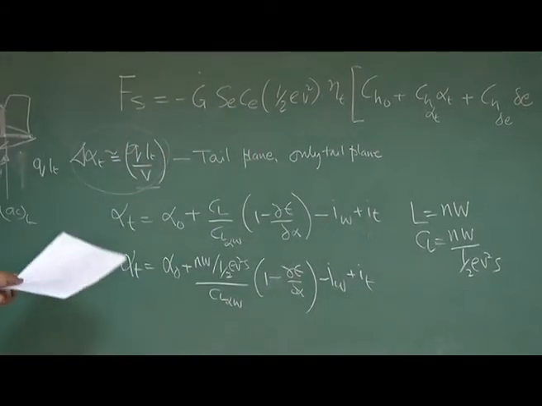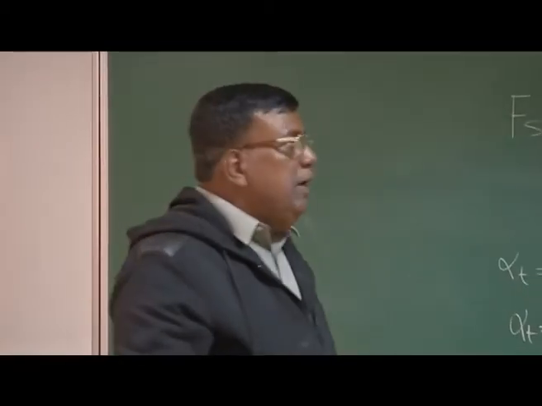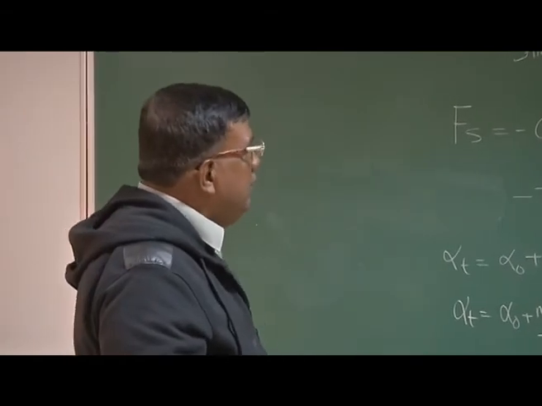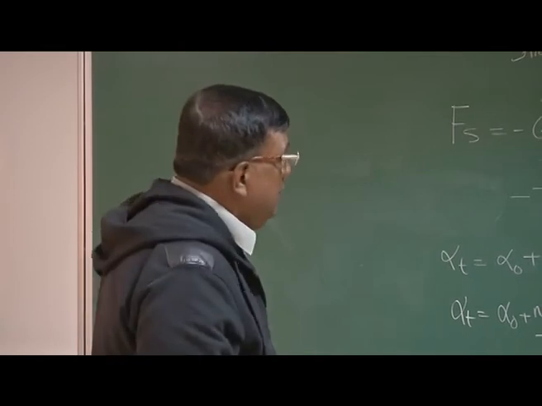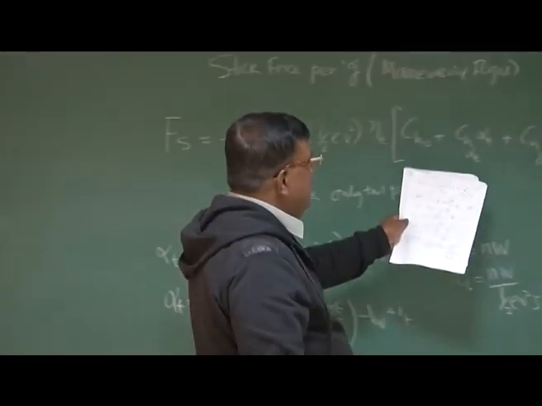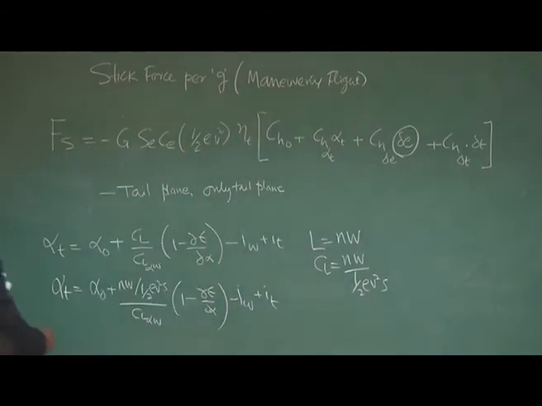If you listen to my explanation, you should be able to do all these steps with ease. Okay? What are we discussing here? We are discussing a maneuvering flight. We are trying to find out our stick force for a maneuvering flight, and we have this expression. Here delta E is sitting here. What is delta E for a maneuvering flight? What is that maneuver I am talking about?